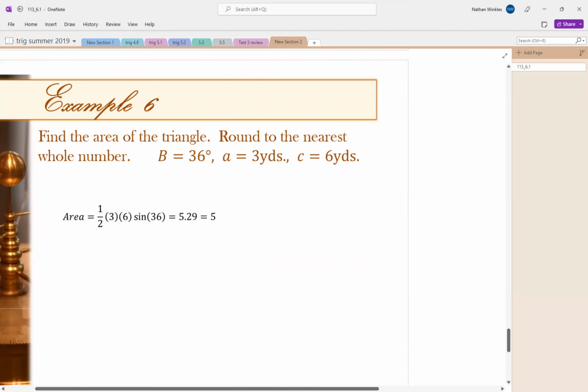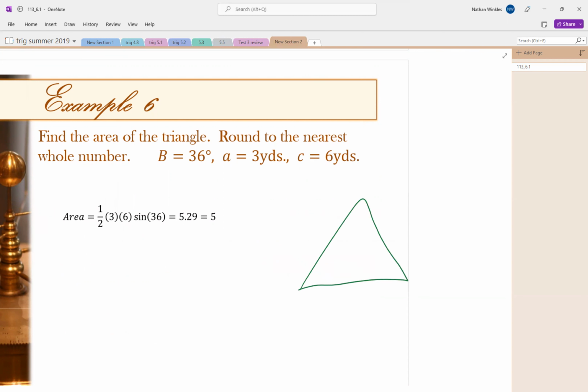So we're told, find the area of the triangle, round to the nearest whole number. So draw it out. Don't be afraid to draw this out. Angle B is 36. So if we label A, B, and C, side C is 6, side A is 3.